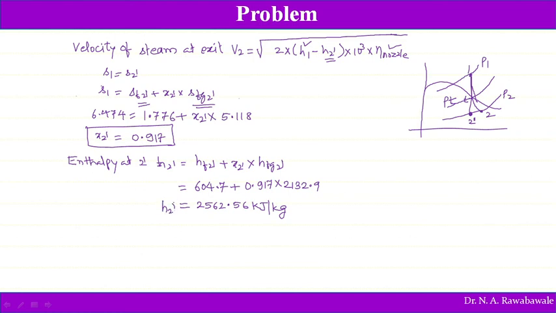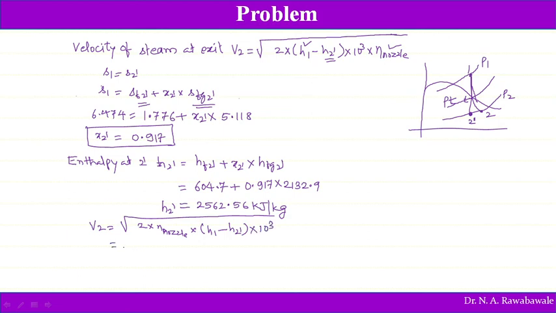Once we know enthalpy at 2 dash, we can find out velocity at 2, V2. So V2 is equal to, already we have written the equation, V2 is equal to square root of 2 into nozzle efficiency into h1 minus h2 dash into 10 to the power of 3.